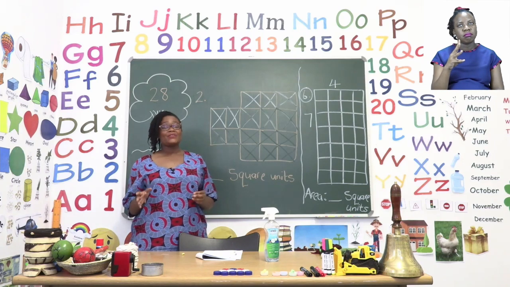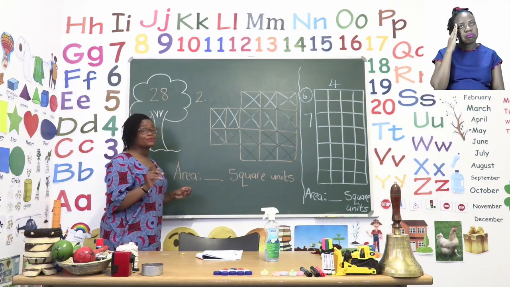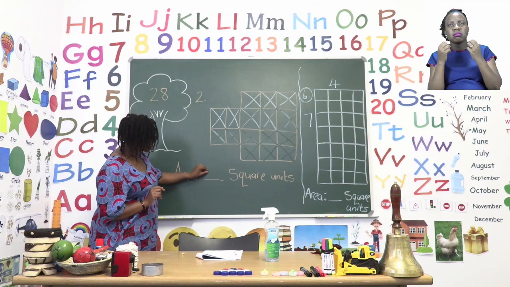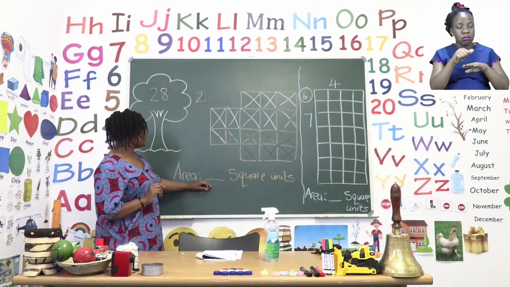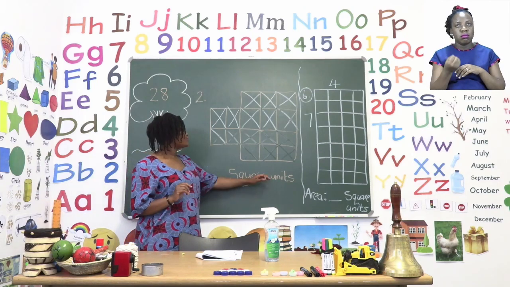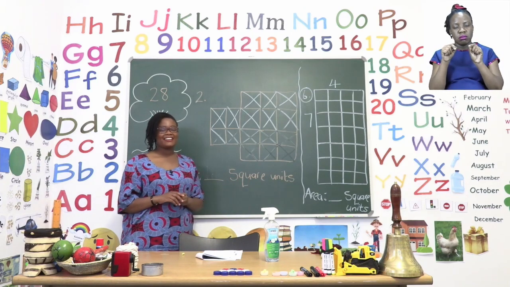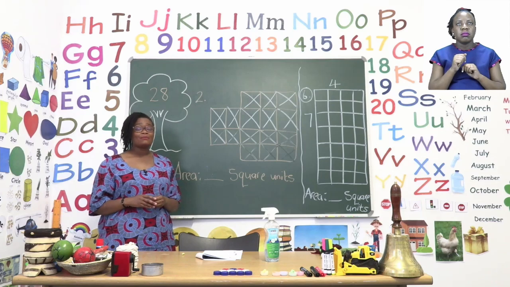So we know that for this one, we have to put the number 16. Now our final answer says area is equal to 16 square units. Well done. So go ahead and continue that one by yourselves.